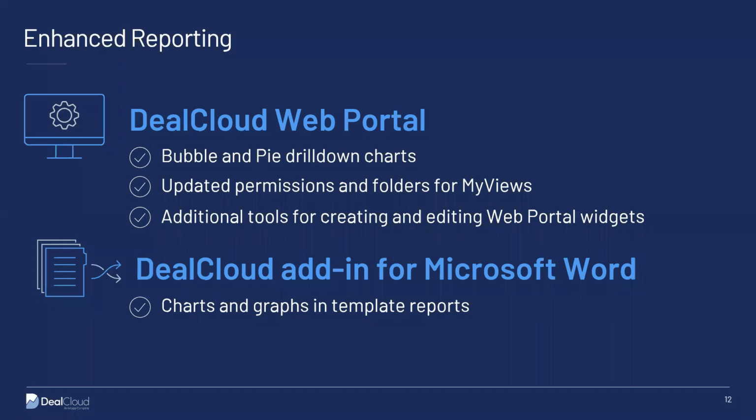So that gives you a new dimension of data, not just to analyze the volume of opportunities, but also their relative quality. And we've introduced our charts and graphs functionality in our Word add-in as a beta recently. We're going to add to that here by enabling the new chart types there as well.